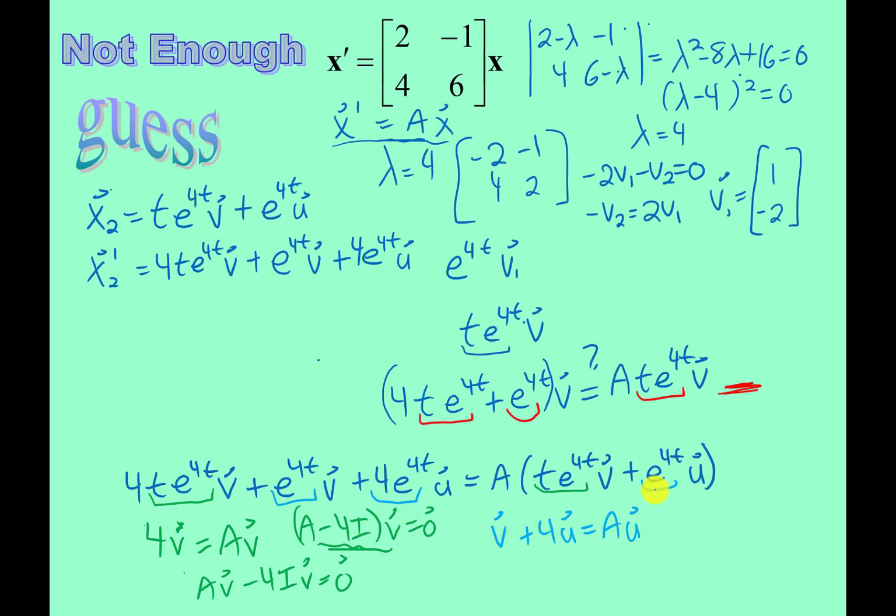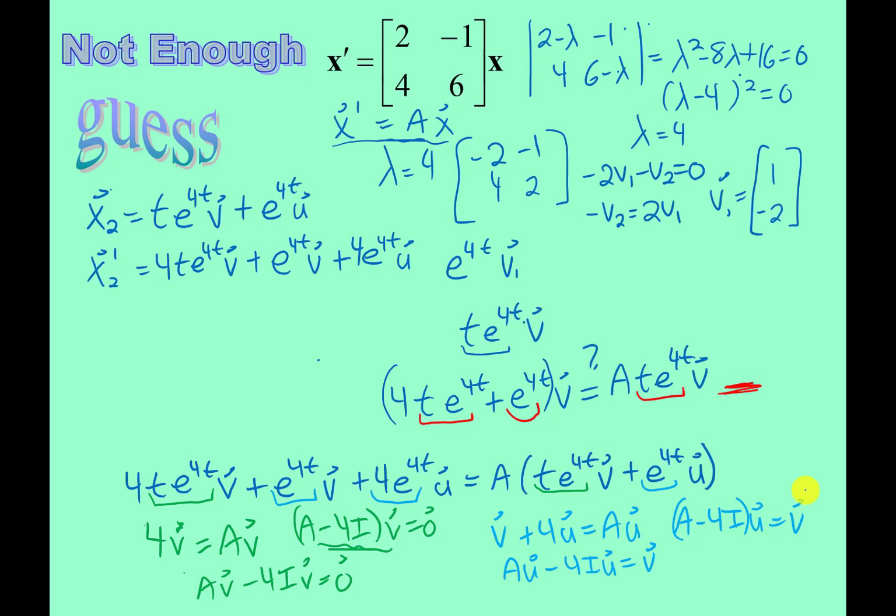All right, so let's go ahead and get the u stuff on the same side. So I have Au minus 4, and I'm going to go ahead and put the I in there, u, so I can factor that out, equals v. So bottom line, when I factor that u out, I have (A minus 4I), which is like our lambda I, u equals v.